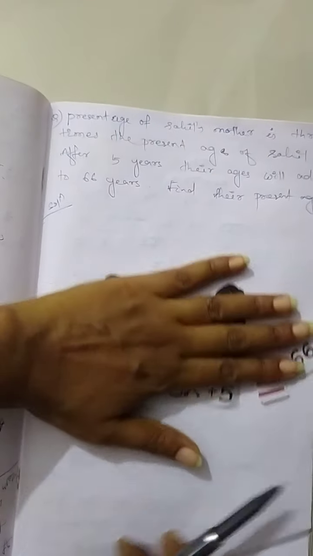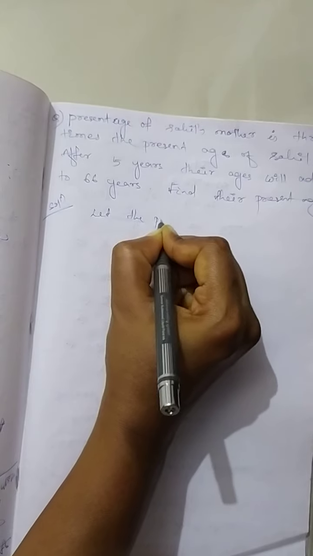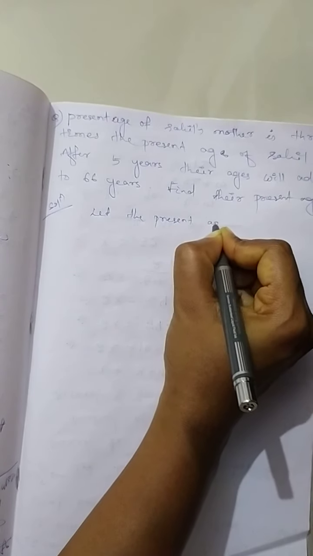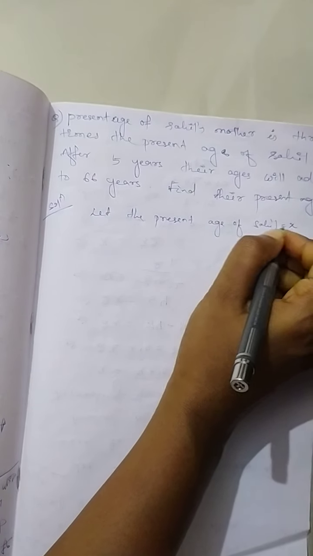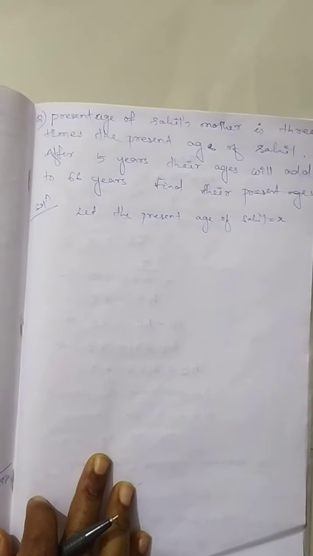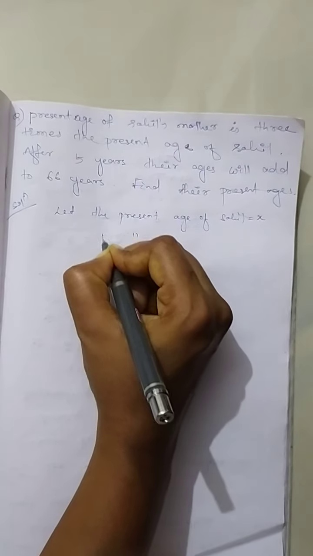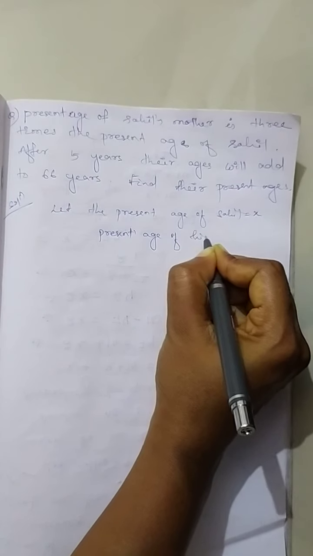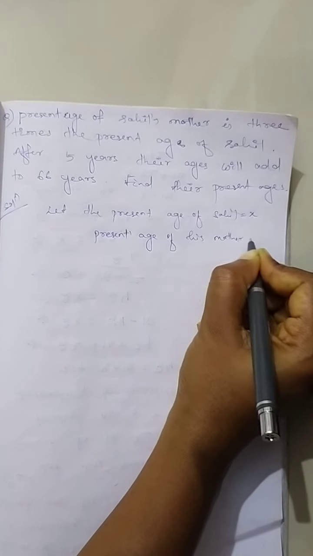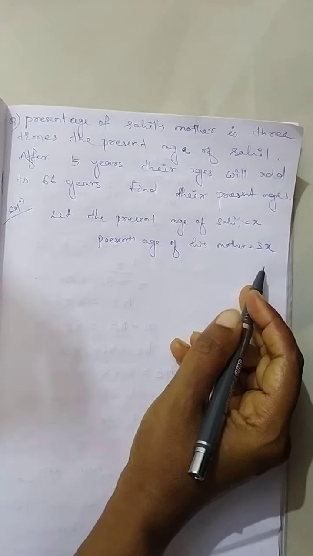So how can we solve? Let the present age of Sahil be x years. What will be the present age of his mother? 3x. x years and 3x years.